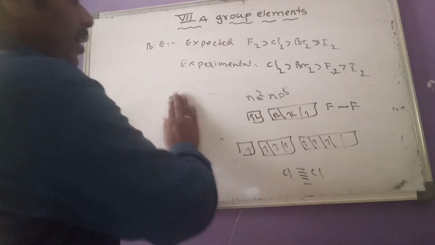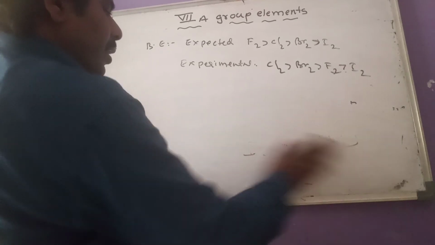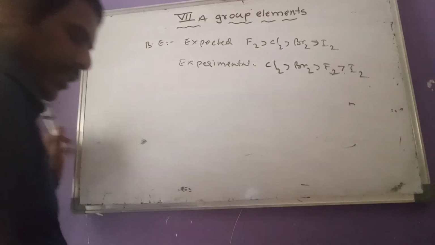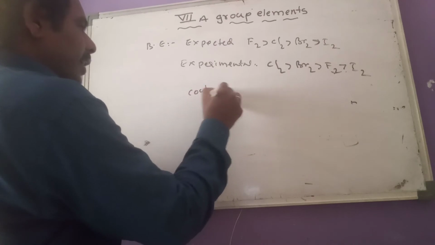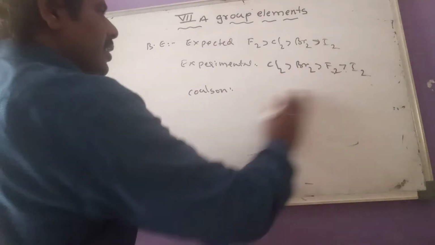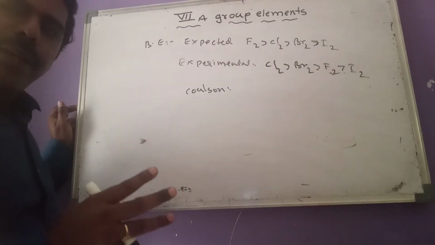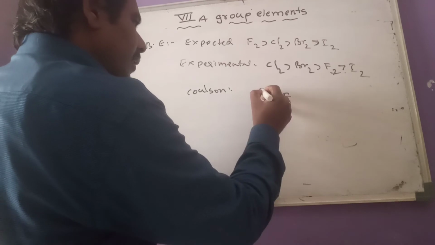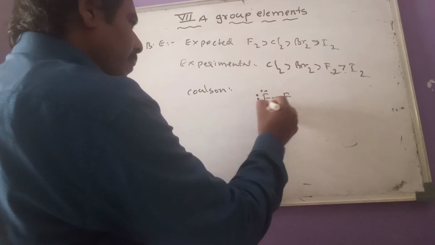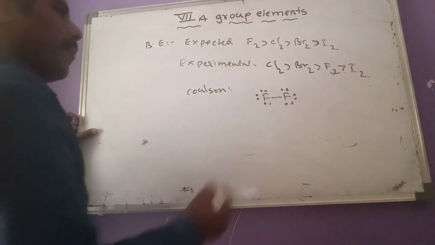Then another explanation was given by Coulson. So what is that explanation? According to Coulson, each and every halogen has three lone pairs of electrons. If you consider two fluorine atoms, three lone pairs and three lone pairs are present.